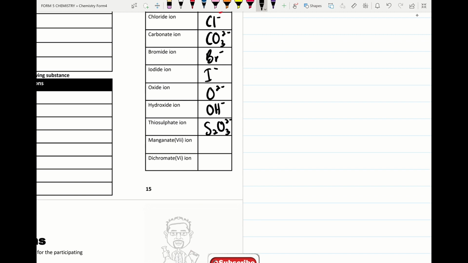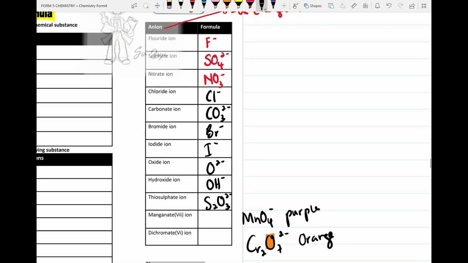Alright, then we have manganate 7 ion MnO4 negative, and this is a purple color ion, please remember, and dichromate 6 ion Cr2O7 2 negative, and this is an orange color ion, so please remember the O stands for orange color. Alright, so these are the famous anions that students must remember.